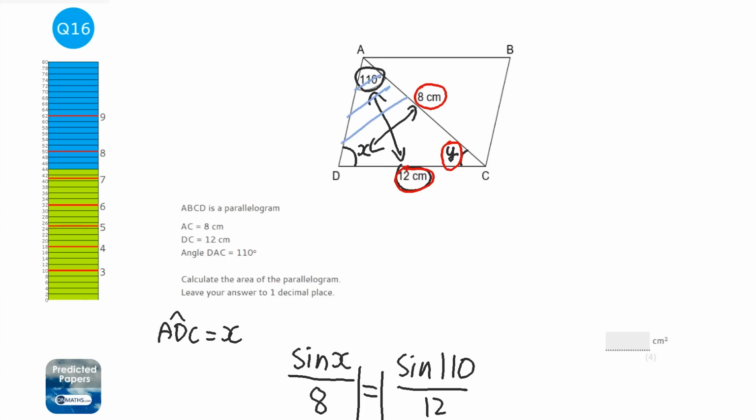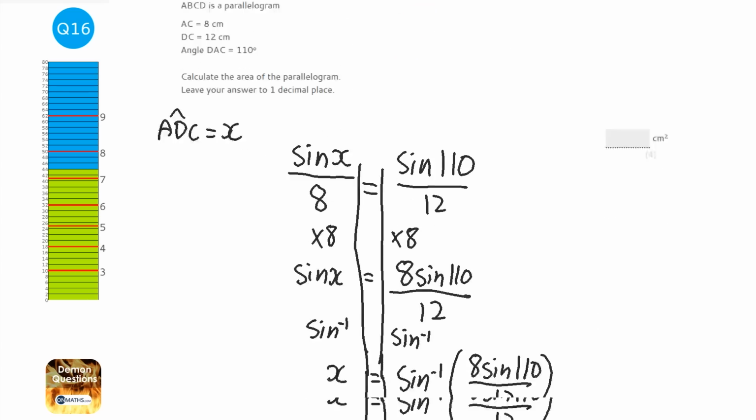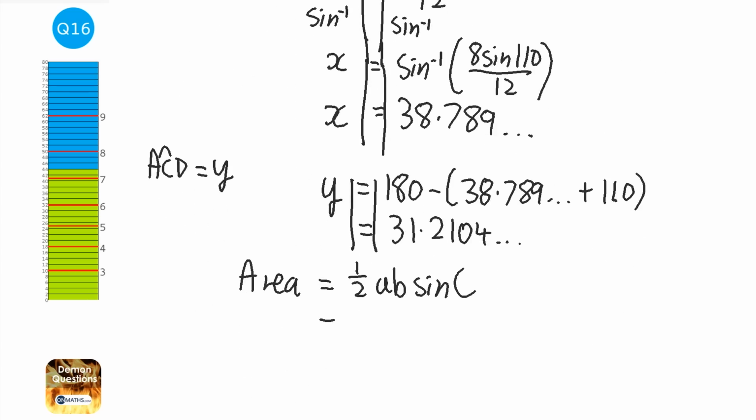We've got a triangle here, and an identical triangle here, identical because the diagonal of a parallelogram cuts it in half exactly. So what we also need to do is times this by 2.